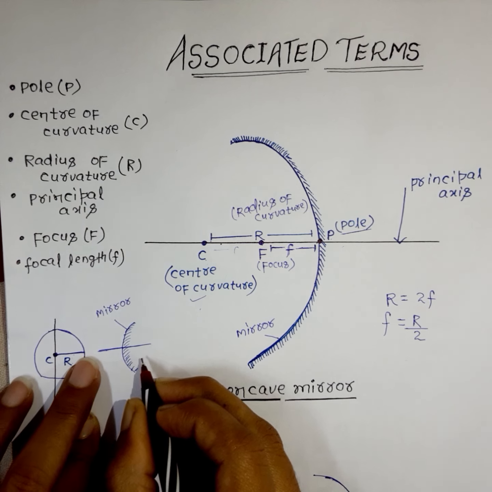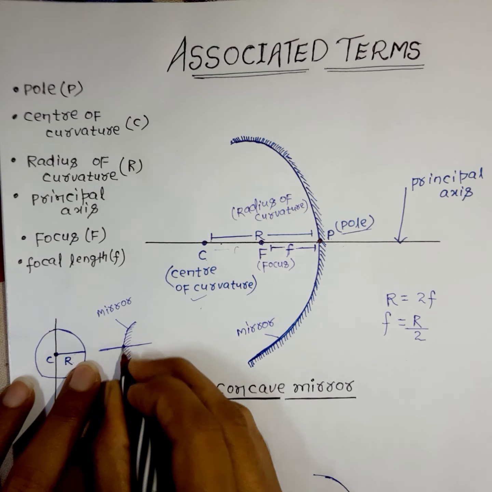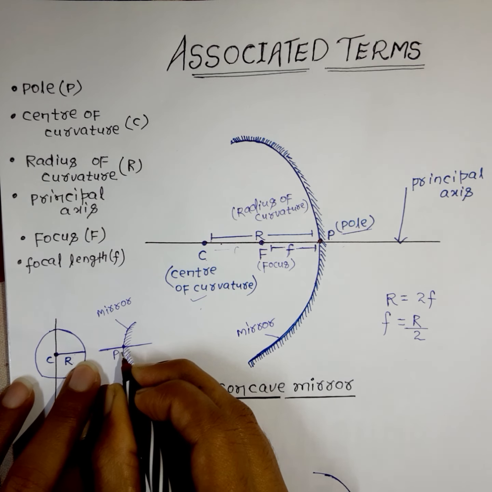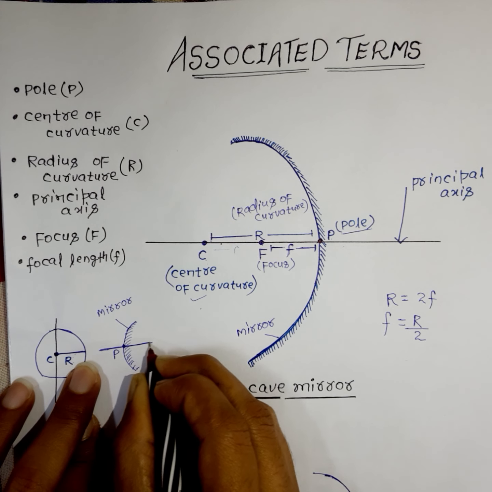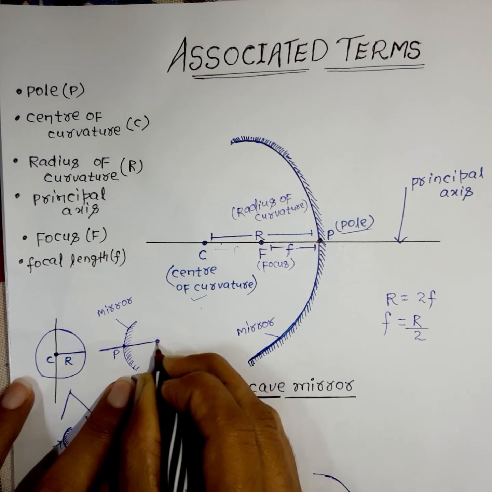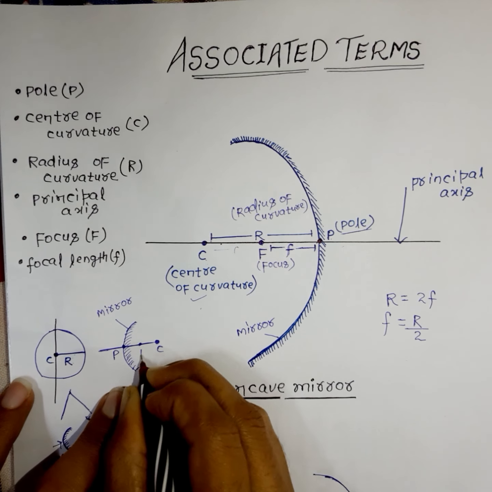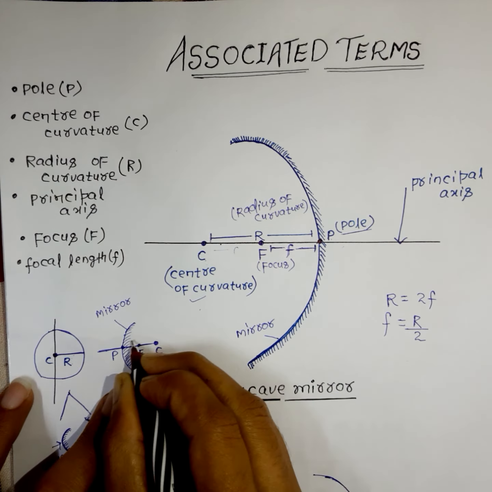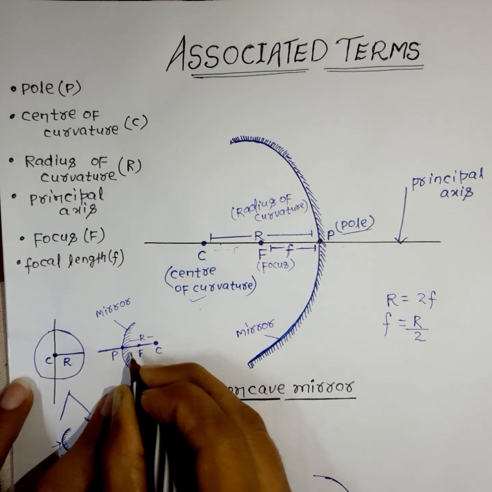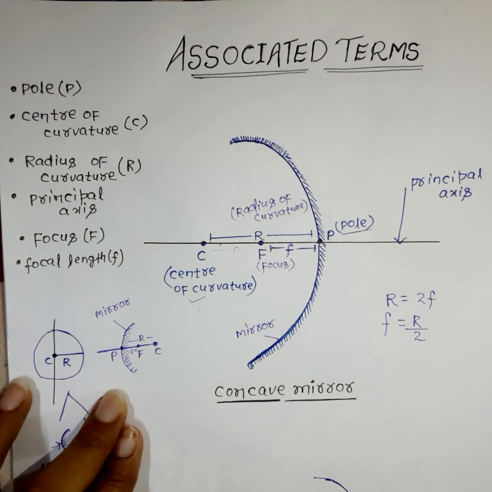So in this case the pole would be the same, but the center of curvature will be shown here on the polished side. This is the center of curvature. If the center of curvature is here, then the focus will be here. This is the radius of curvature, and this is the focal length.